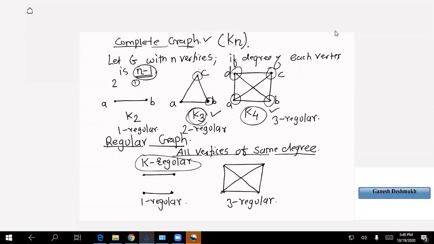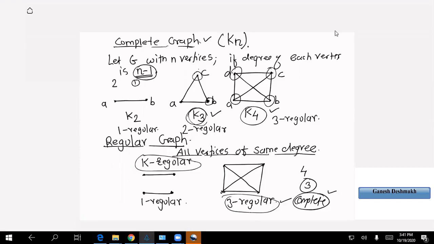Now, can I say in the reverse way that every regular graph is a complete graph? Just check it out. Look at the 3-regular graph. The degree of each vertex is 3, hence I am calling it a 3-regular graph. This is a graph on 4 vertices and the degree of each vertex is 3. So I can call this 3-regular graph a complete graph as well.